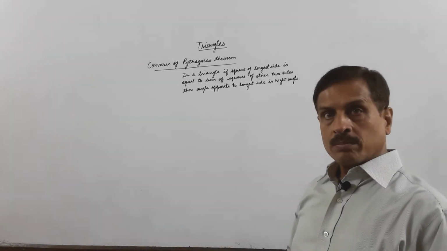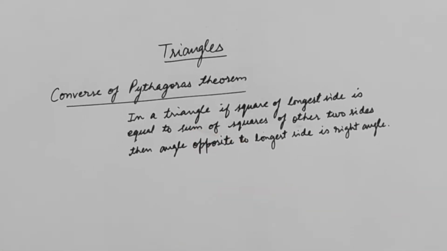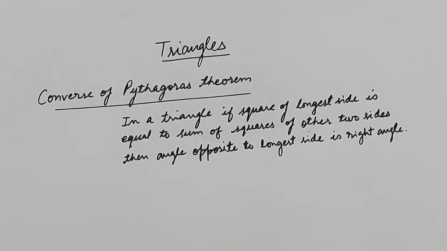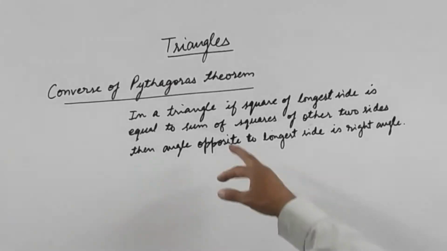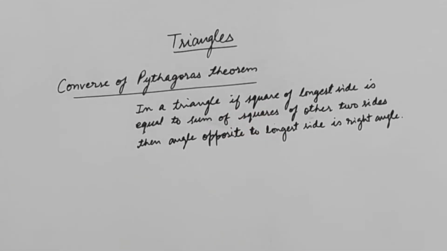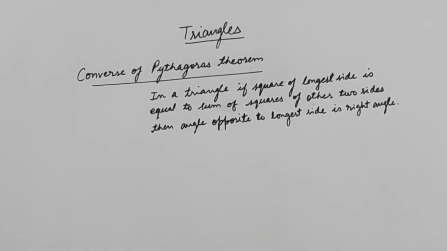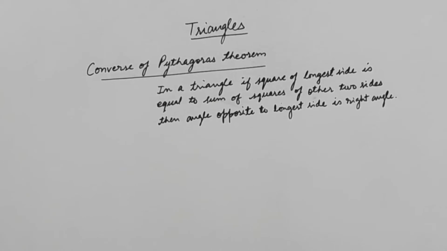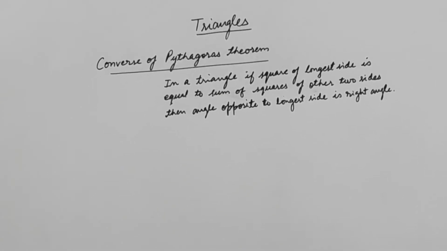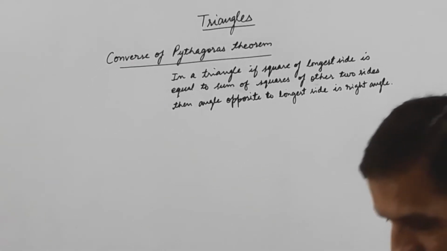In the next theorem, that is converse of Pythagoras theorem, in a triangle, if square of longest side is equal to sum of squares of other two sides, then angle opposite to longest side is right angle.